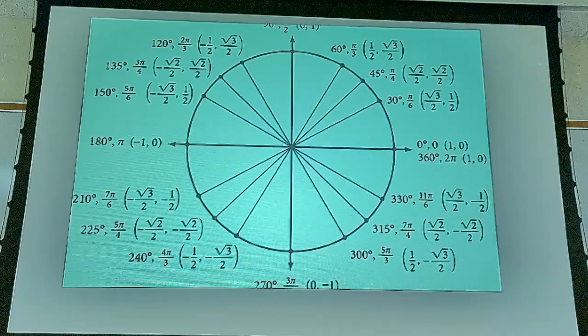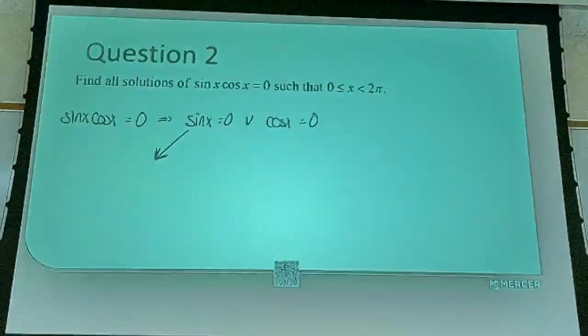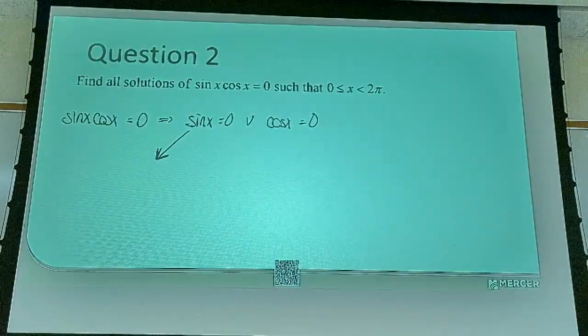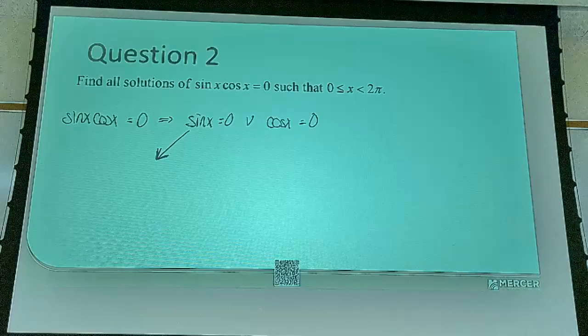Where's the y coordinate 0? 2 pi. Where else? Pi. Where else? And 0. 2 pi is not in the interval, it's just less than 2 pi. So just 0 and pi, right? Those are your two solutions to that one.